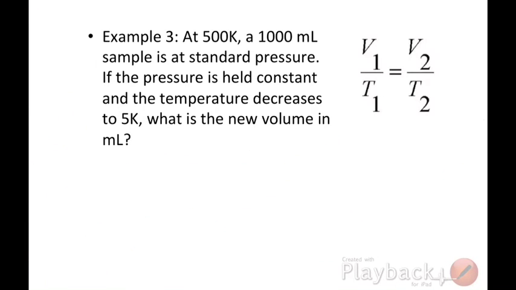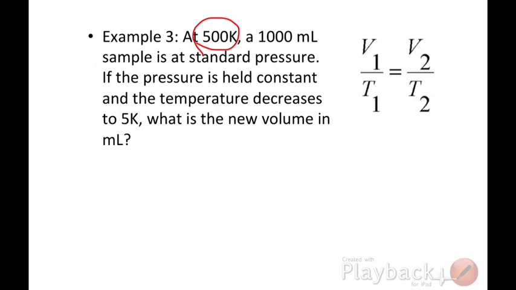Here's example 3. At 500 Kelvin, a 1,000 milliliter sample is at standard pressure. If the pressure is held constant and the temperature decreases to 5 Kelvin, what is the new volume in milliliters? All right, so we're going to find all of our information.